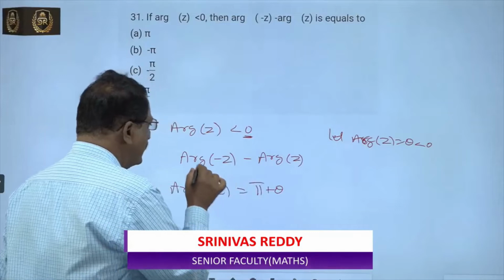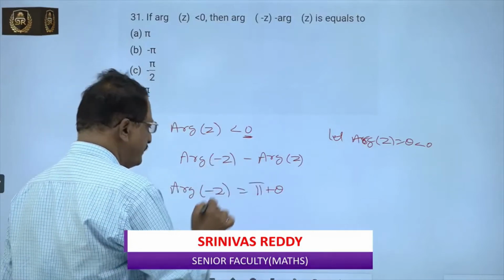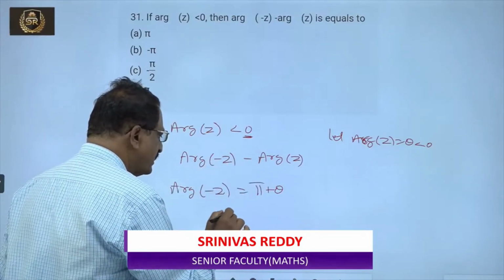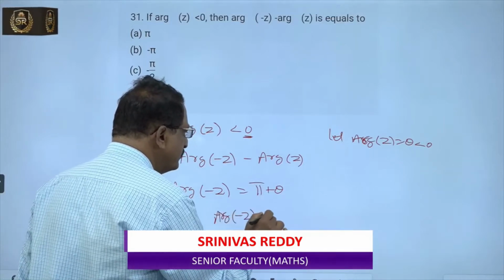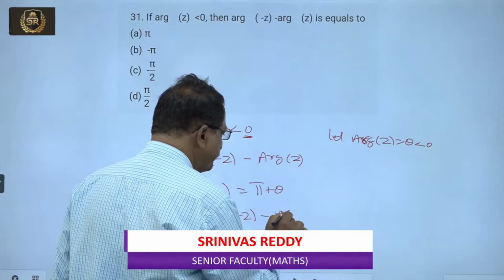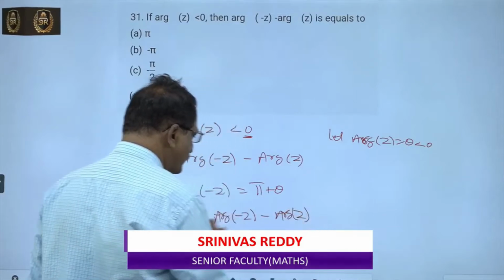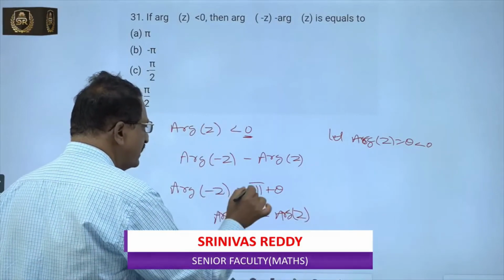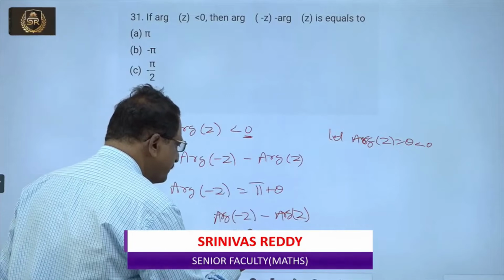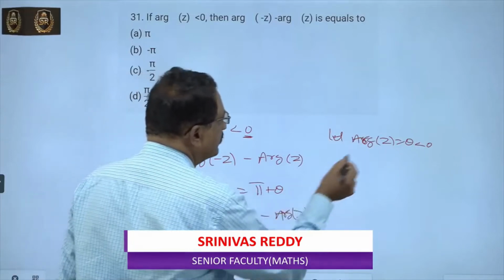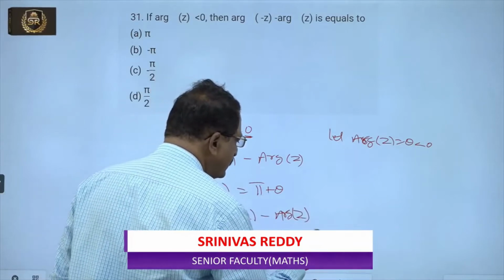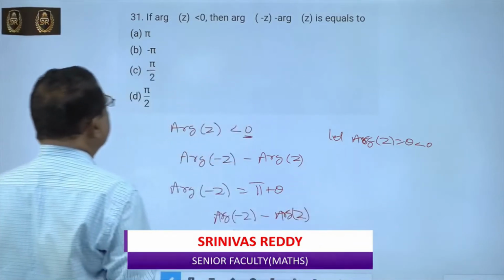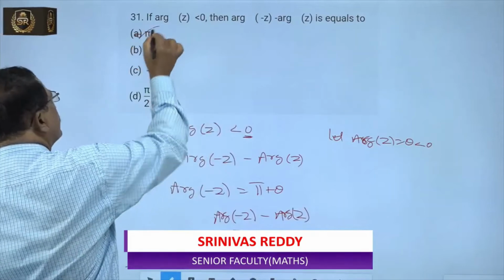Therefore, required value: argument of minus z minus argument of z equals pi plus theta minus theta. Theta cancels, pi equals pi. Now, the option is the first option.